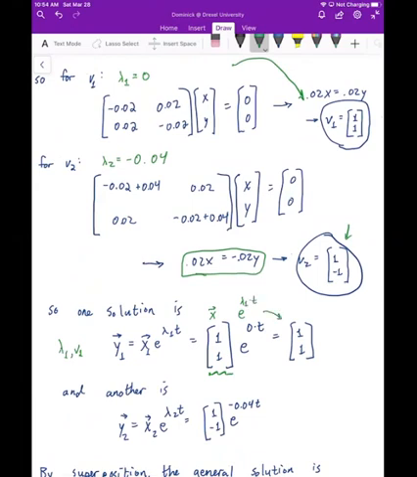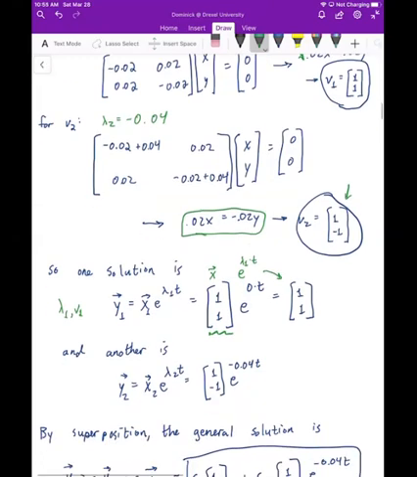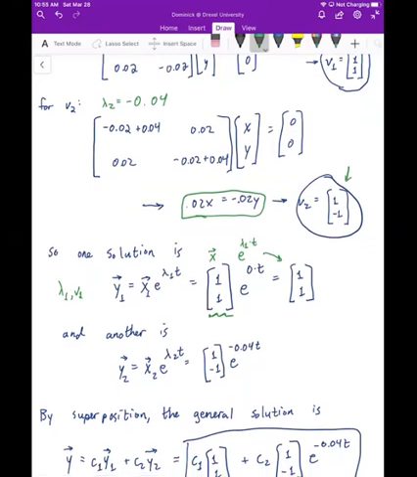So of course that's just 1, and we'll get that one solution is just 1, 1. All right, and then by similar logic, we'll get that y2 is equal to our eigenvector 1, negative 1, but then we need the e to the negative 0.04t since that was our other eigenvalue.